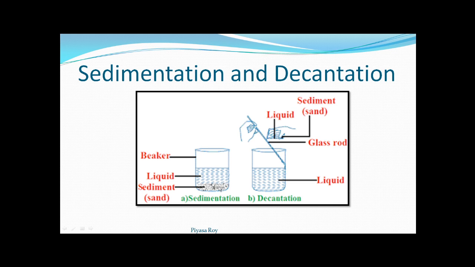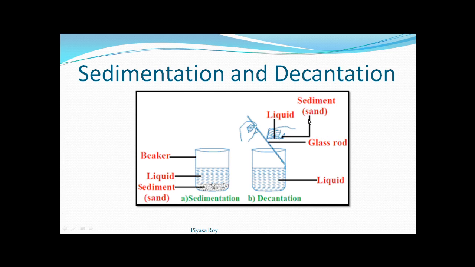So without disturbing the sediment, slowly we will transfer the liquid. This liquid is called supernatant liquid. Okay, the liquid above the sediment, this is called supernatant liquid. This we will be transferring to another beaker using this glass rod.